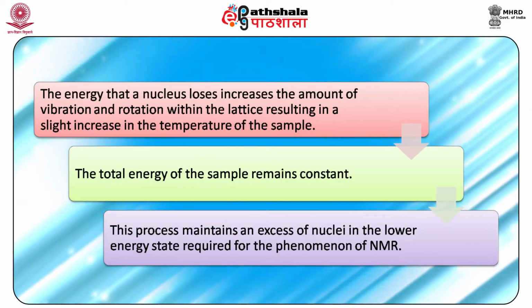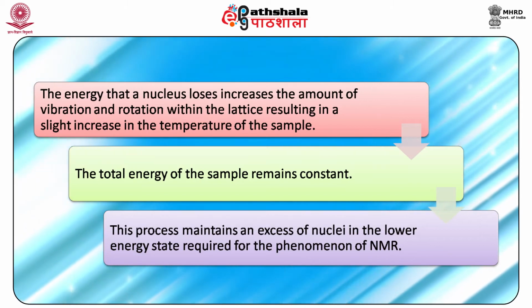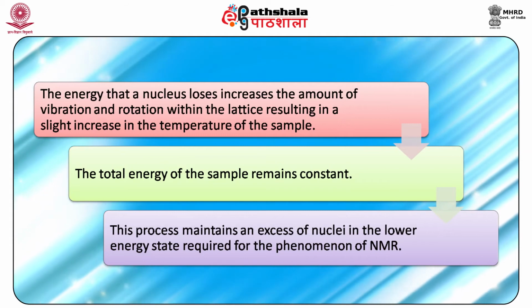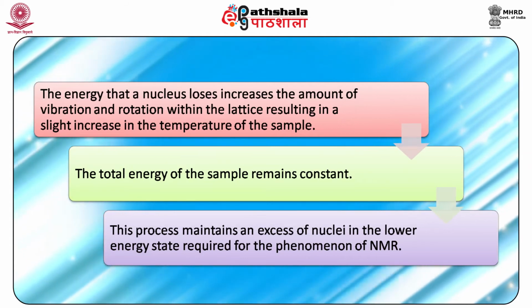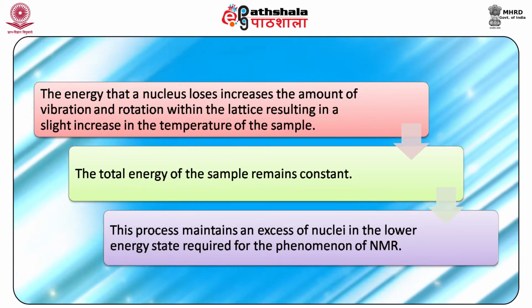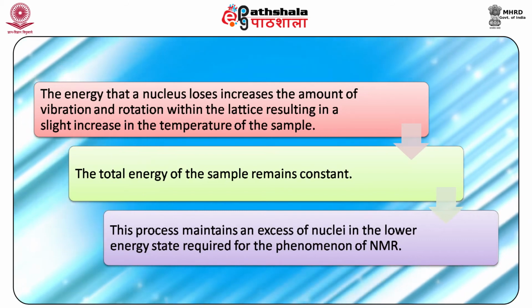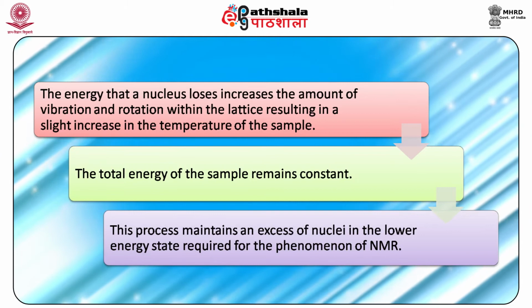The energy that a nucleus loses increases the amount of vibration and rotation within the lattice, resulting in some slight increase of temperature in the sample. The total energy of the sample remains constant. This process maintains the excess nuclei in the lower energy state, which is a required phenomenon for the NMR to occur.